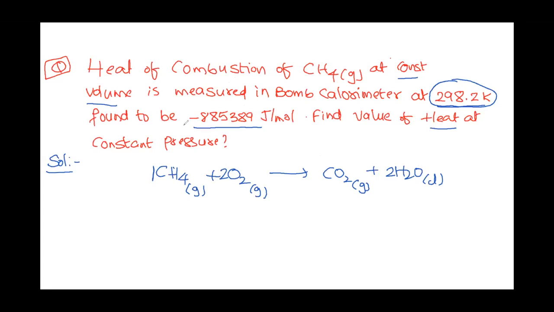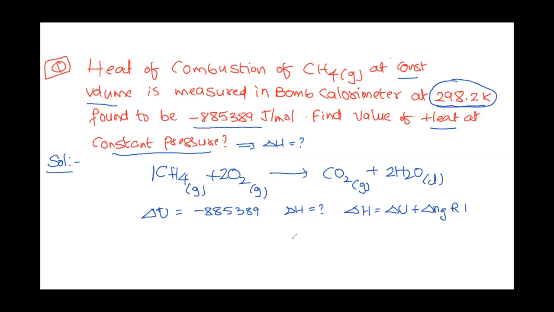Heat at constant pressure means we have to find delta H. Given is delta U, equal to minus 885,389. And delta H is equal to question mark. The formula we will follow is delta H is equal to delta U plus delta Ng RT.